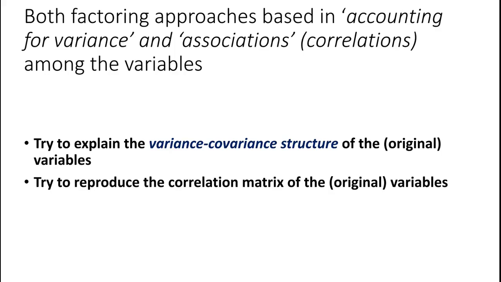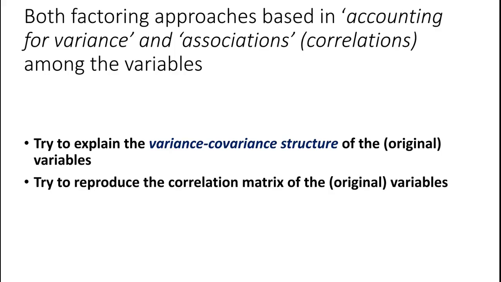But in any case, your observed items, indicators, have some structure. We're going to represent that structure by looking at the correlation matrix of the original variables. And what we're going to try to do with our model is reproduce the correlation matrix on the basis of the factors that we extract from the model.